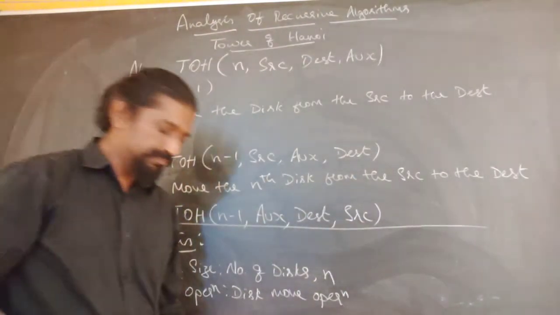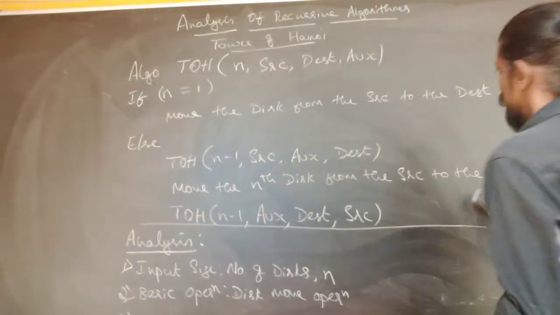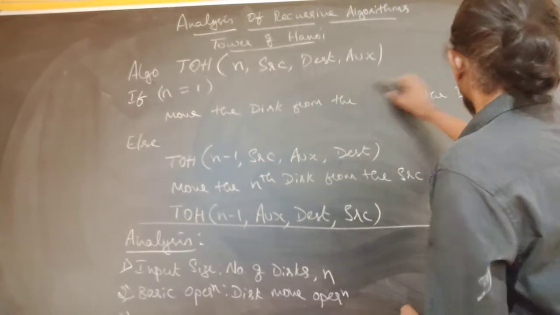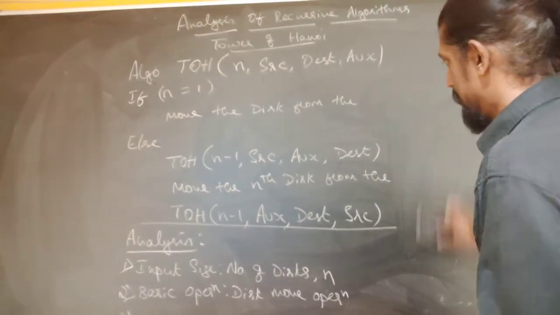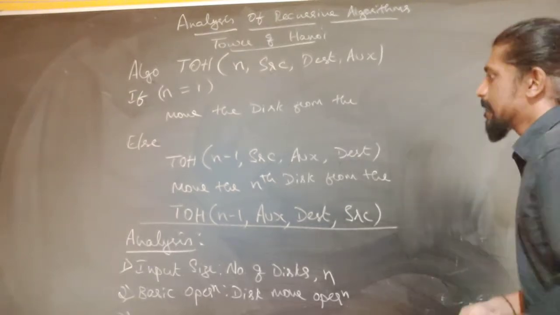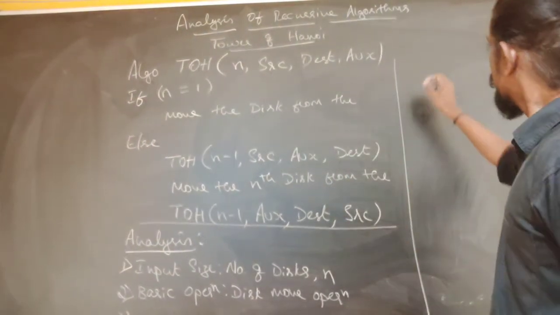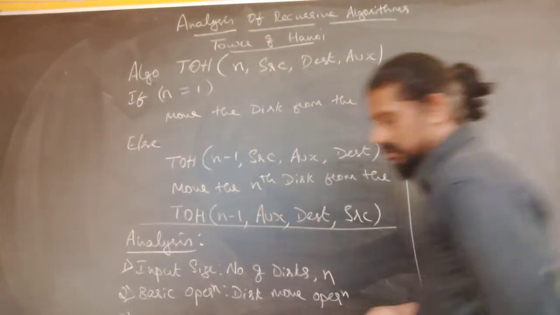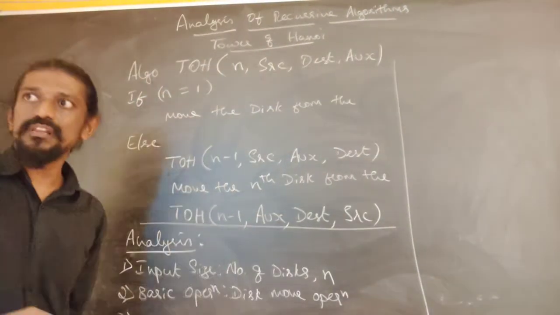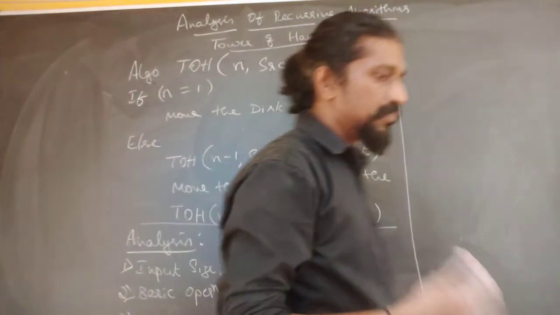Okay, so let me clear this a bit over here. Since we are going to write a function which will calculate the number of times the basic operation is executed, let us call that function by some name.